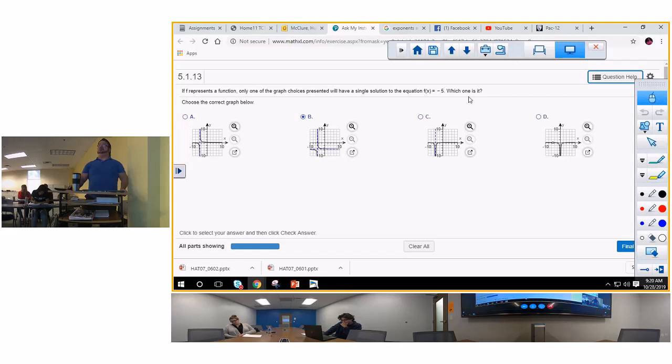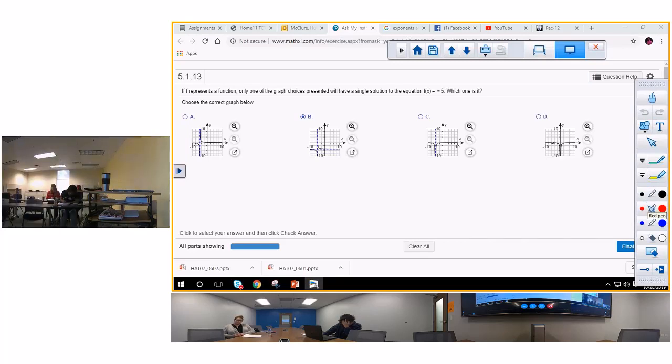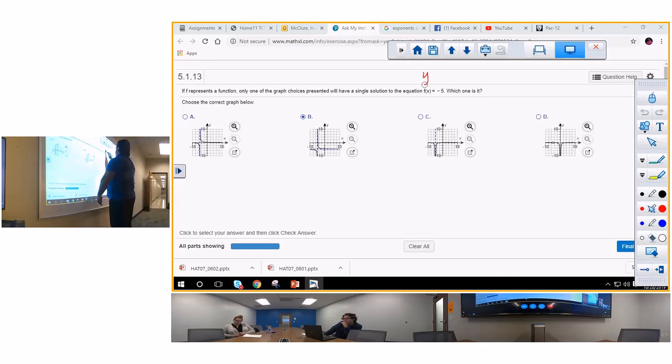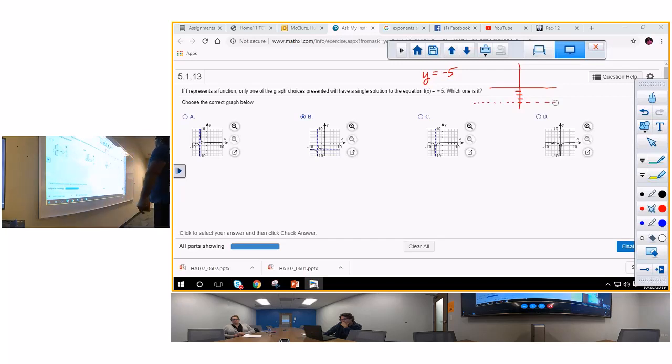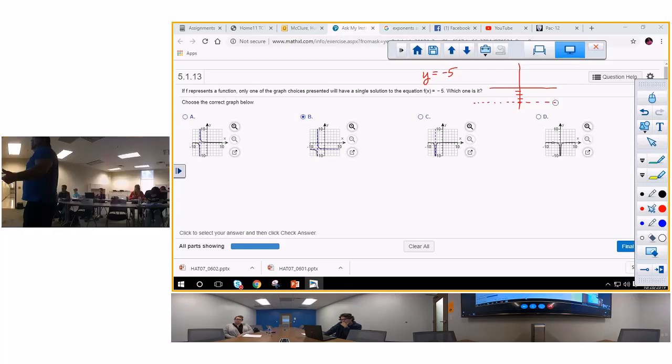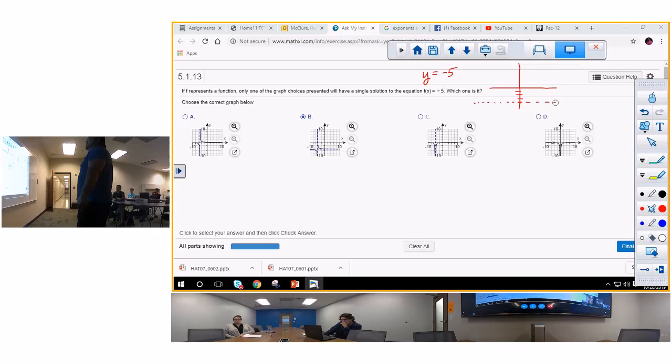This says y is equal to negative 5. If y is equal to negative 5, that means it's a horizontal line. So that means it has a vertical shift of negative 5. I think it wants whichever line only has one x, whichever one has one thing.